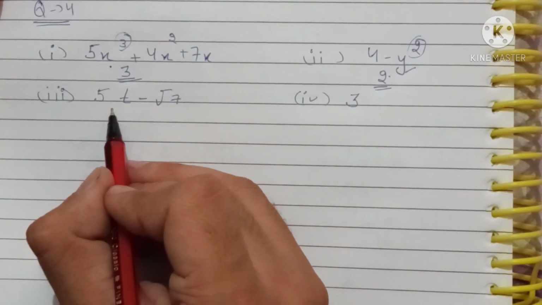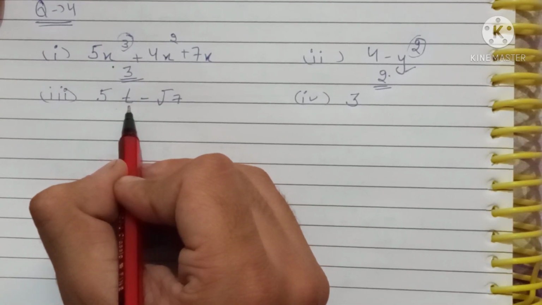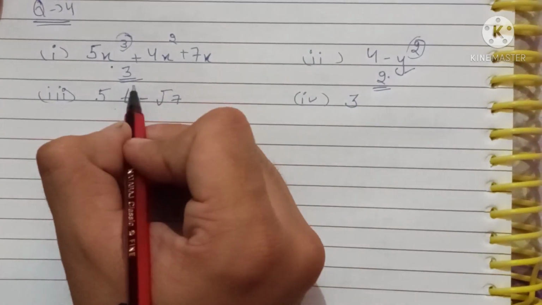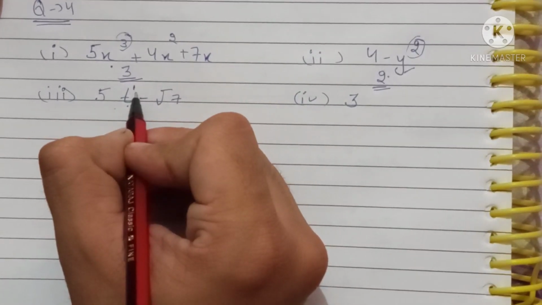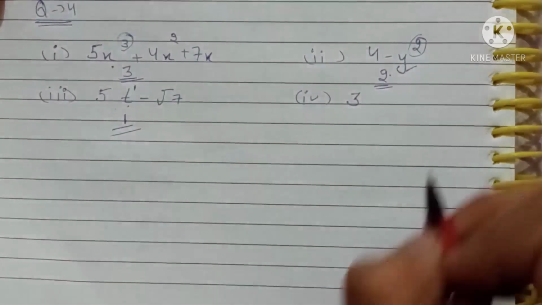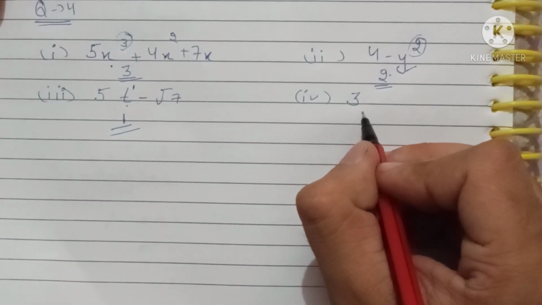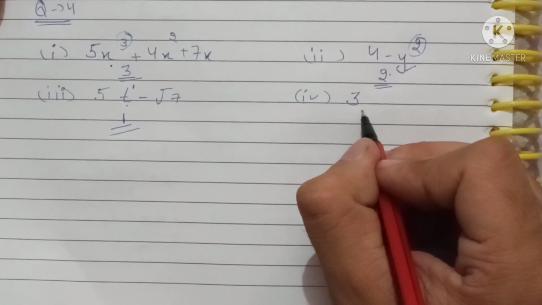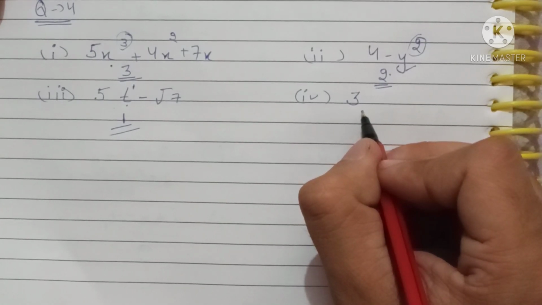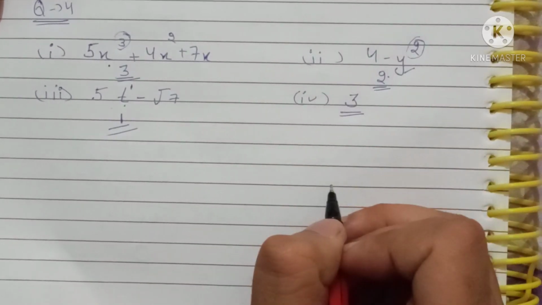Now let's move on to the third part. Here the variable is t and the highest power of t in this polynomial is 1. If there is nothing written, the power would be 1. So 1 would be the answer for this polynomial, right? Now here in the fourth part, you have been asked the degree of a polynomial given as 3.